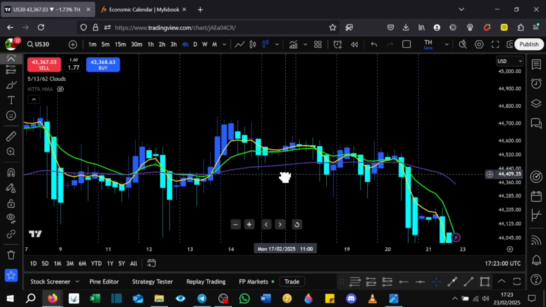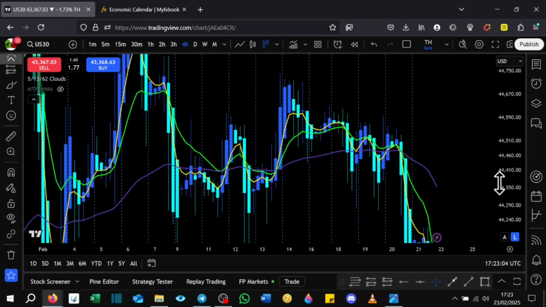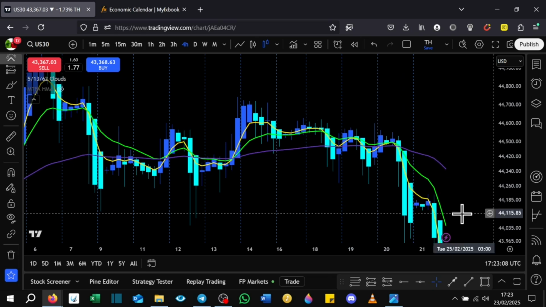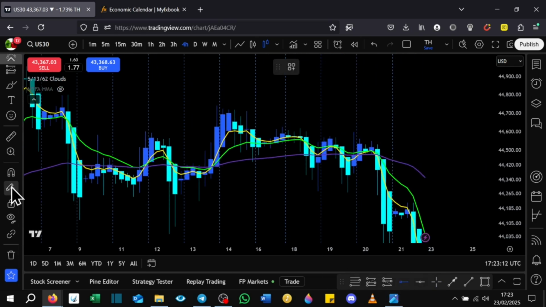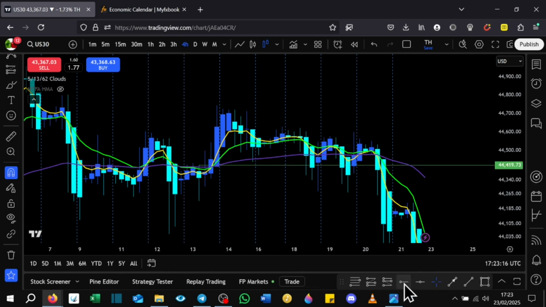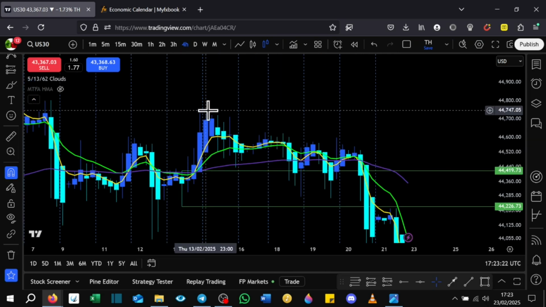So going from Monday, I'll explain why I thought it was going to be bullish and how I got stopped out. So we had this institutional candle here. Can you see this last down candle? We've had a bullish move away.